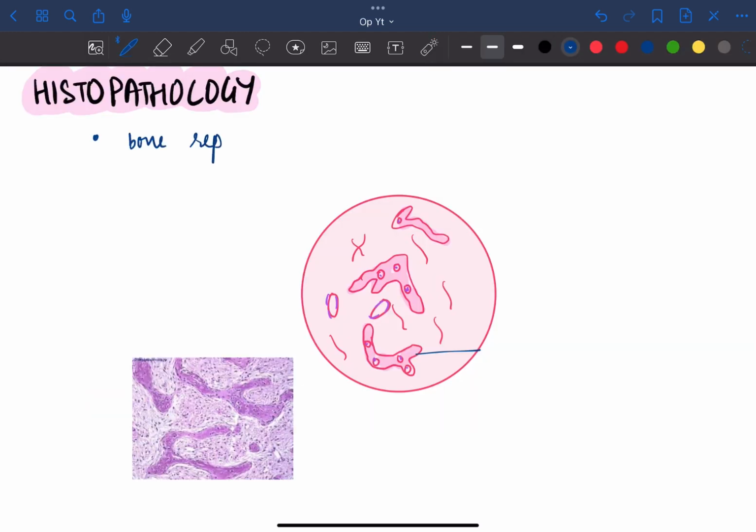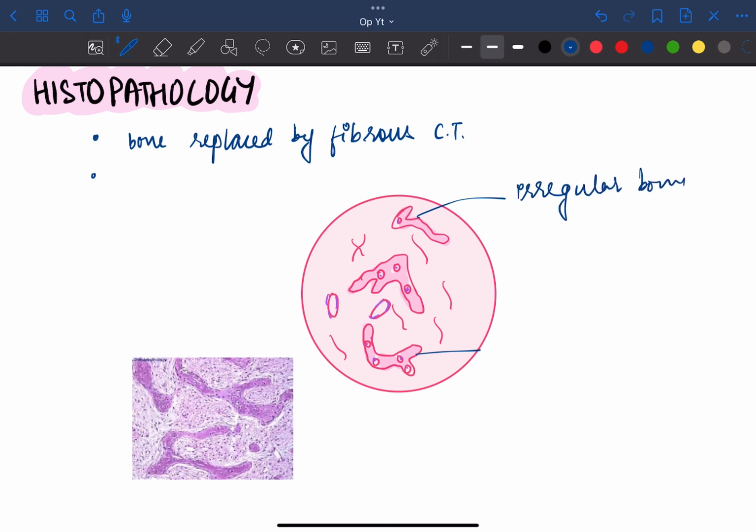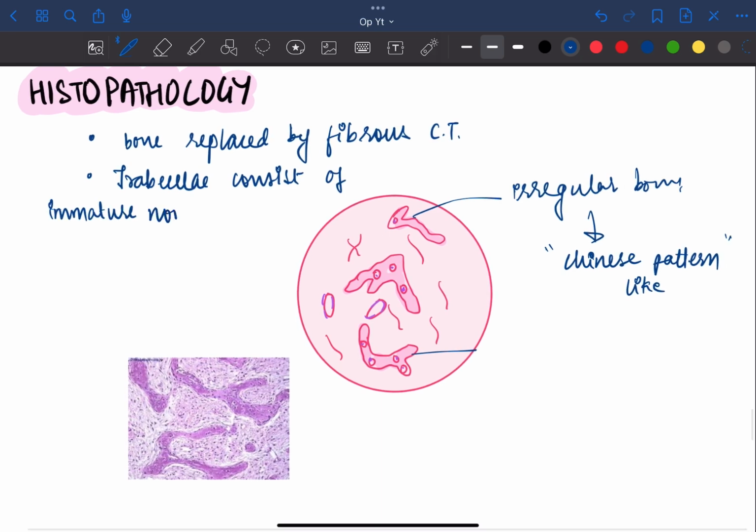We already knew that the bone is replaced by fibrous connective tissue. The bony trabeculae. This is the H&E diagram that you're going to be making. Roughly that diagram. So we can see the bony trabeculae here. These are irregular. And these appear Chinese letter pattern like. Now the trabeculae consist of immature non-lamellar bone.